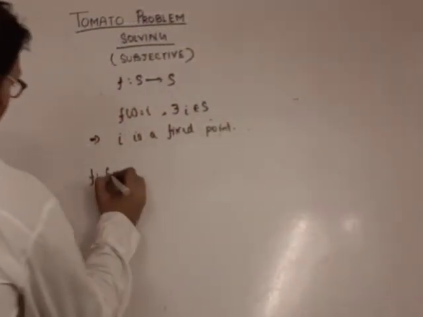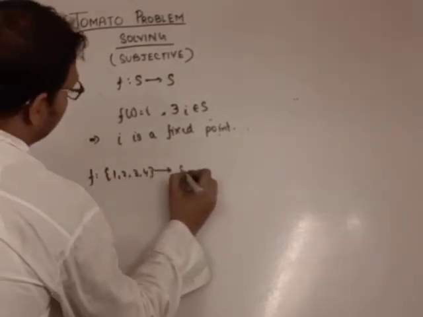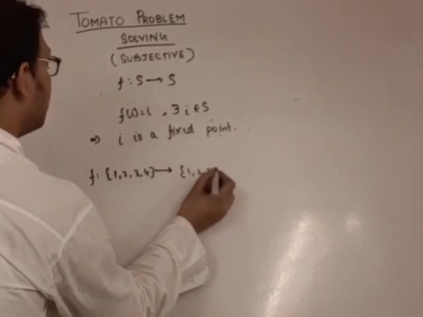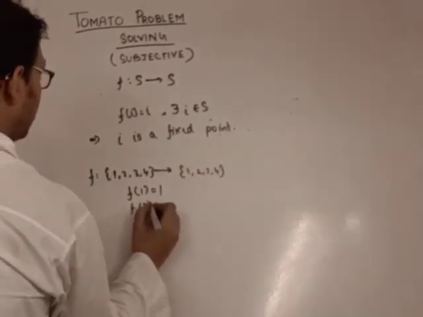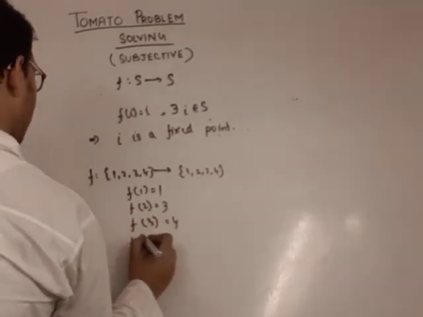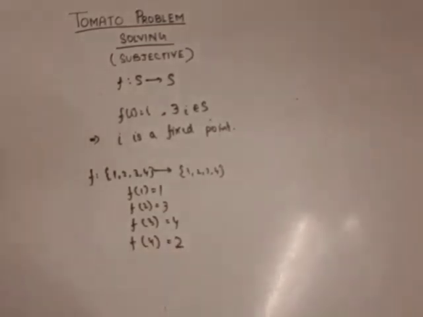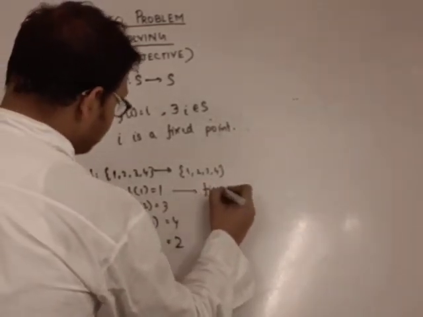For example, say f is a function from {1, 2, 3, 4} to {1, 2, 3, 4}, with f of 1 equals 1, f of 2 equals 3, f of 3 equals 4, and f of 4 equals 2. What is the fixed point here? 1 is the fixed point here.